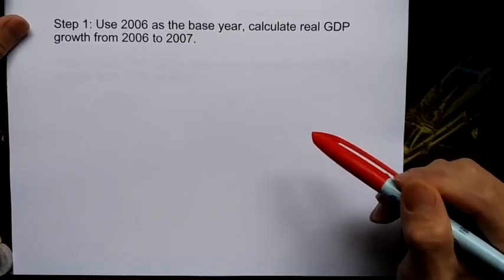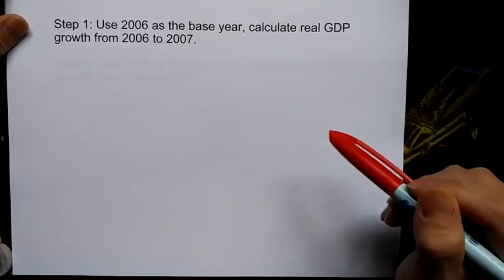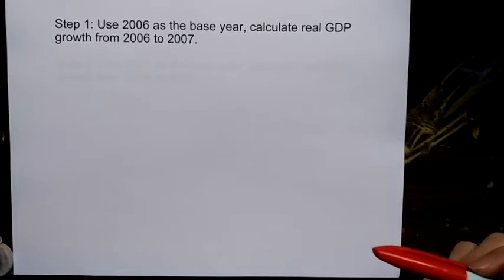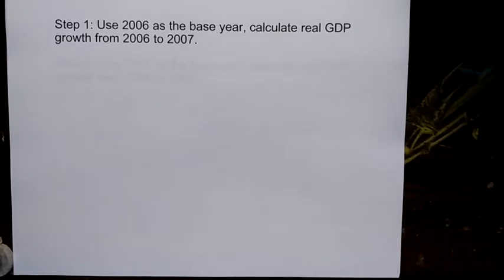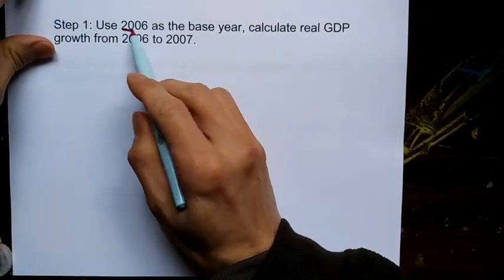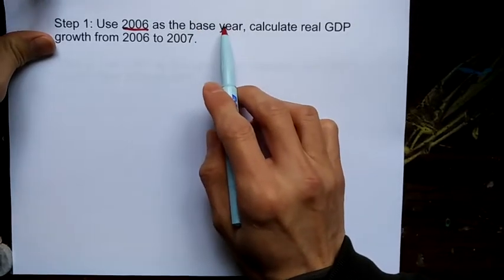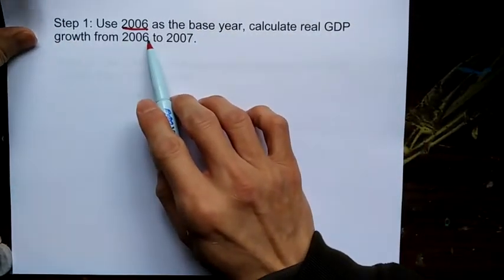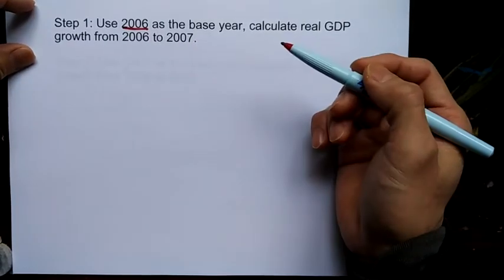So now, let me explain it again, step by step. Say for example, we start in 2006. So step 1 is to use 2006 as the base year. Calculate real GDP growth rate from 2006 to 2007.